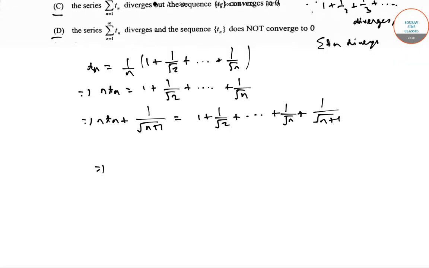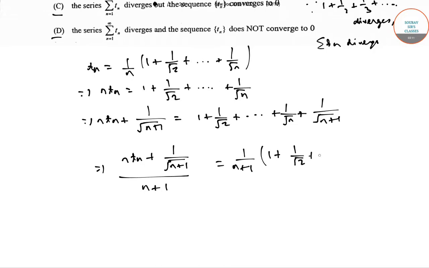Or nTn + 1/√(n+1), dividing both sides by n+1, equals (1 + 1/√2 + ... + 1/√(n+1))/(n+1).